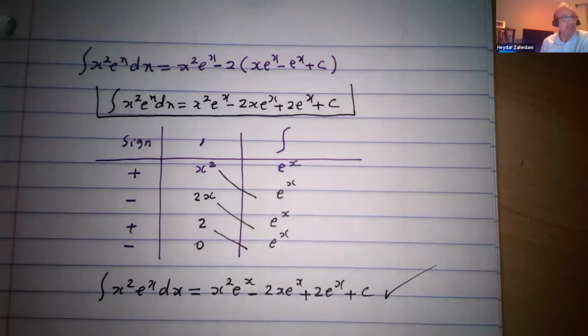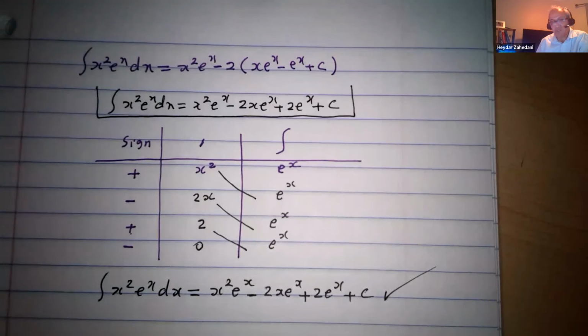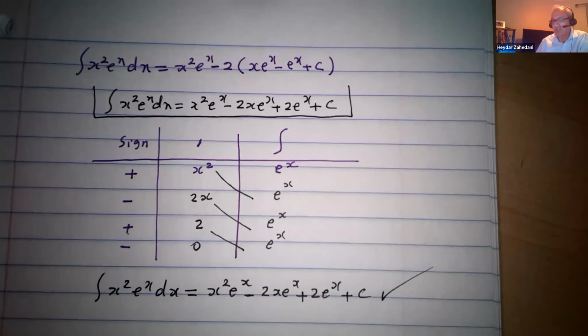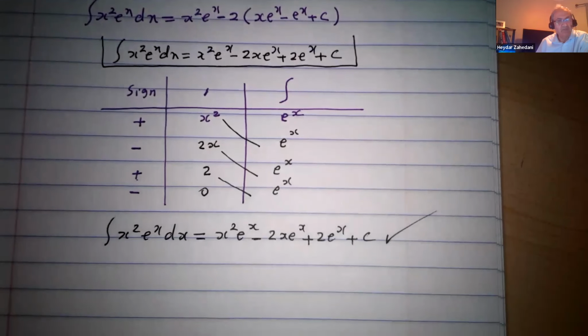It's up to you. If you don't like it, you can use integration by parts. I strongly suggest that you use this method. Otherwise, on the test, some of the problems take hours to do if you don't use that type of method. So we call it the tabulated method. It's a very valid and very nice method.